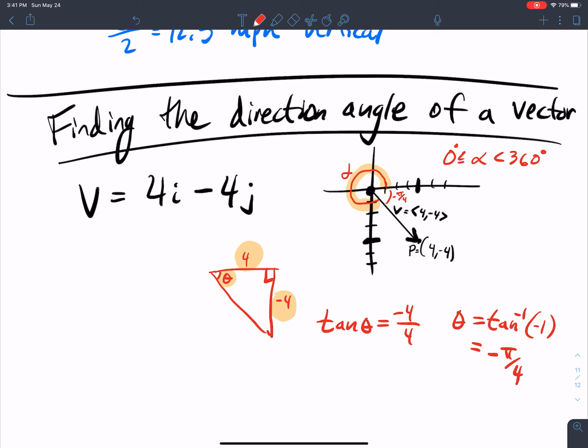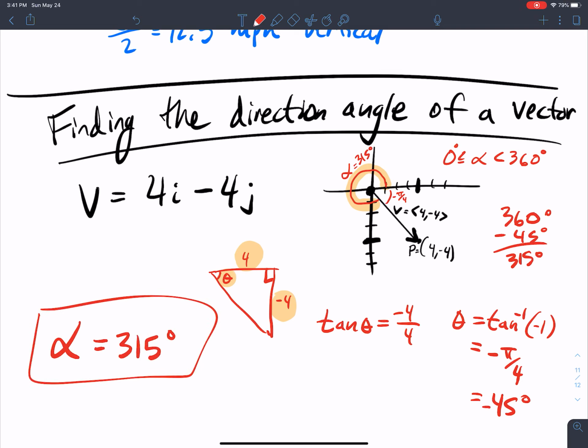So pi over 4 is 45 degrees. So instead of doing negative 45 degrees, I need to subtract that from 360, full circle. So 360 minus 45 degrees gets me 315 degrees. So this angle alpha is 315 degrees. Okay, so that's finding the angle. That's how you find the angle right there. All right, so these next examples, they are applications.